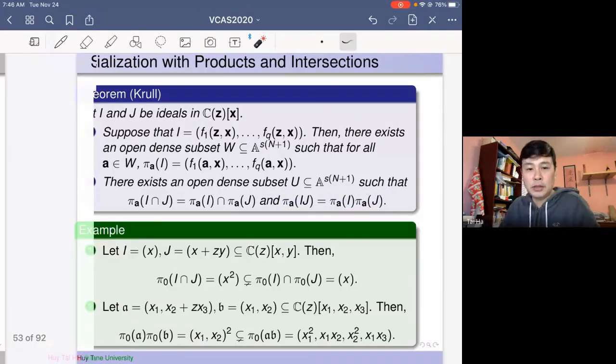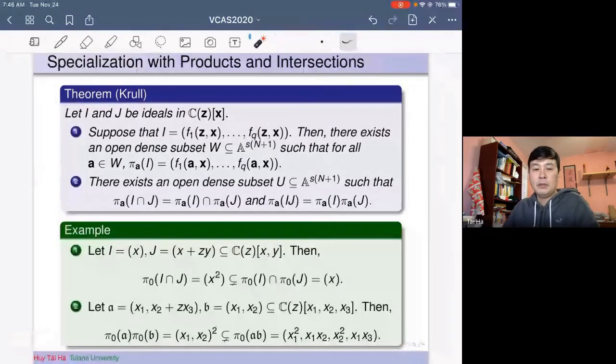Now, this is actually the best that one can hope for, because it's not always true. Meaning you can't just expect U to be the whole parameter space.